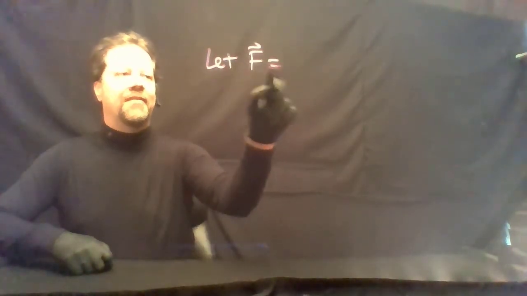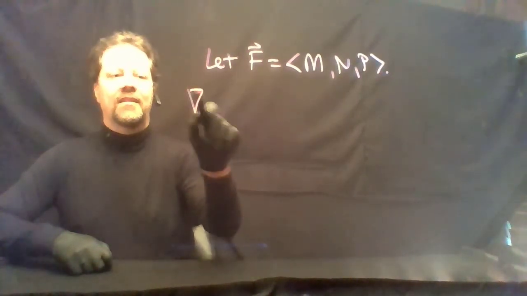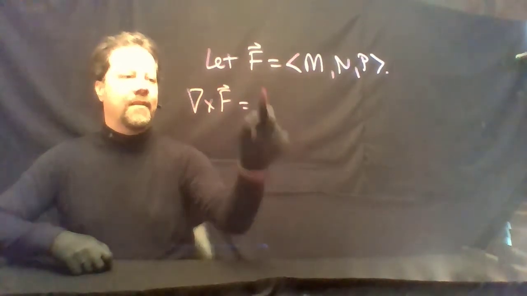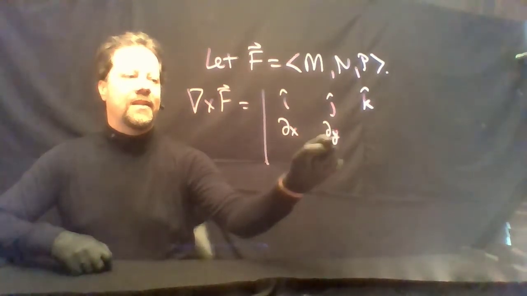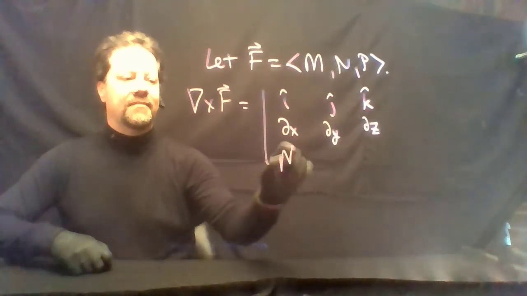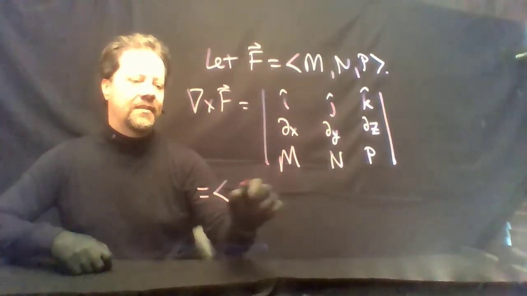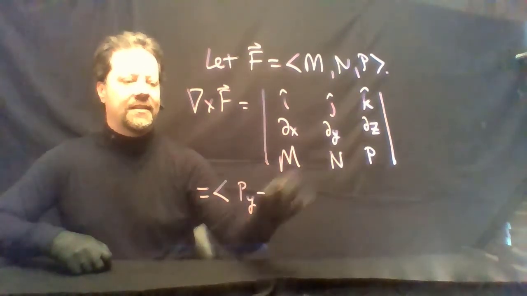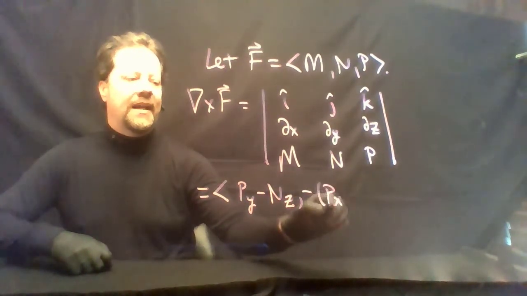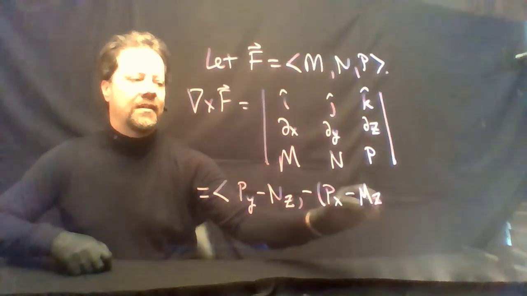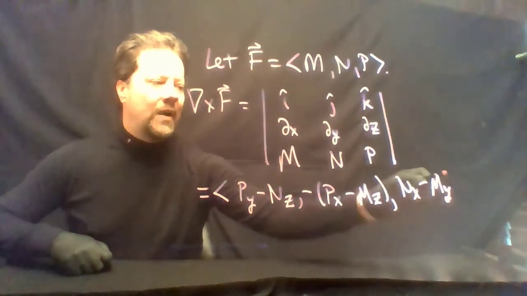Let's suppose that F is the vector field M, N, P. The curl of F is then going to be the determinant of i, j, k, d/dx, d/dy, d/dz, M, N, P, which you can see is (Py minus Nz), and then minus (Px minus Mz), comma, (Nx minus My).